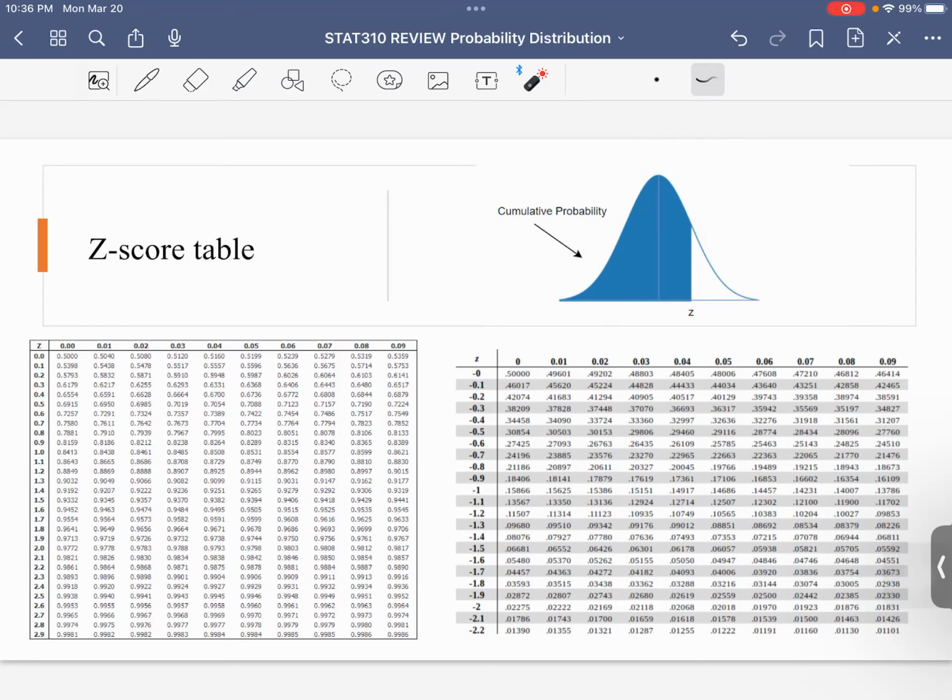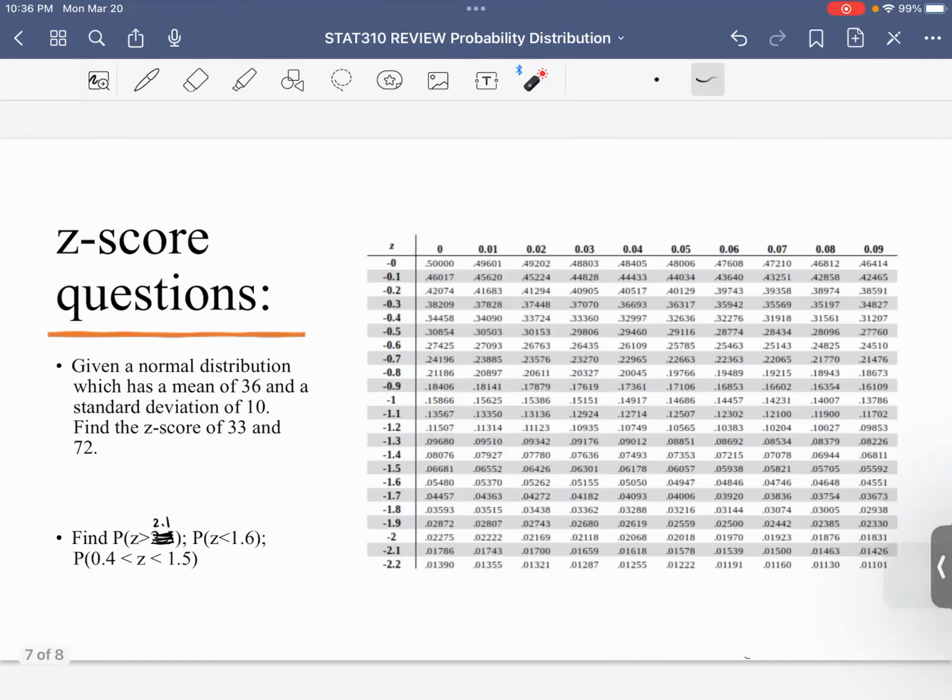So you will see on the table below, the left table has all the z-scores positive. On the right-hand side is negative. Just be careful about how you use it. So let's go through some examples.